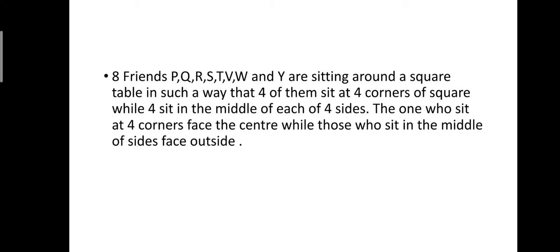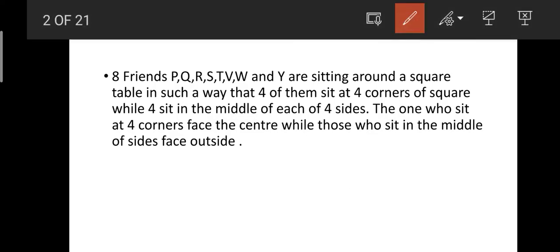Okay friends, there are 8 friends P, Q, R, S, T, V, W and Y. These are sitting around a square table in such a way that 4 of them sit at the 4 corners of a square, while 4 sit in the middle of each of the 4 sides. I think you understood this point. This is a square. 4 are sitting at the corners and 4 will be sitting in the middle.